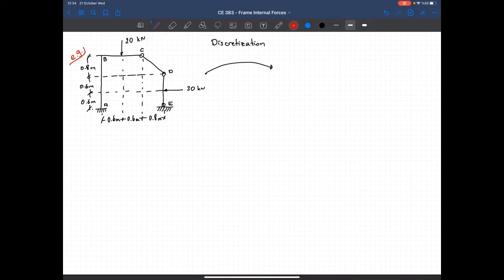Wherever we have a discontinuity, I have to assign a node. So these are all nodes for me. Let's draw the discrete version of the structure. This is point C, member CD, point D, member DE, node E, and I have node AB, member AB, and node A here.